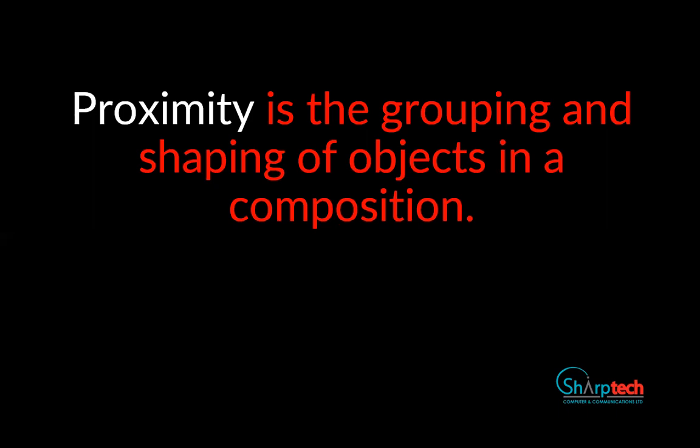So what objects are we talking about? We are talking about objects like shapes, objects like pictures, objects like typography, and the rest of the visual elements that we learned.